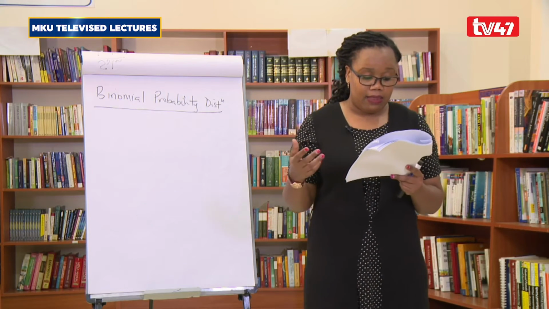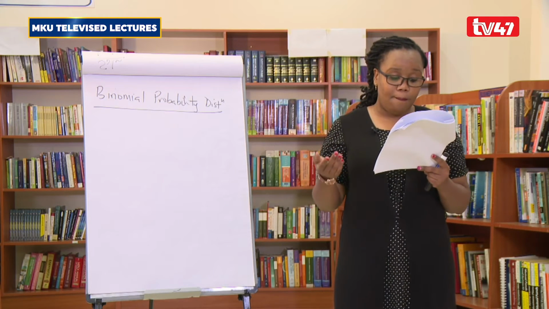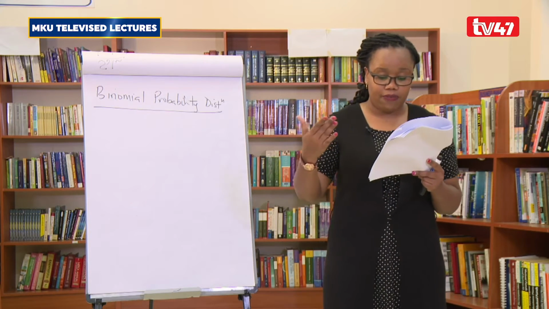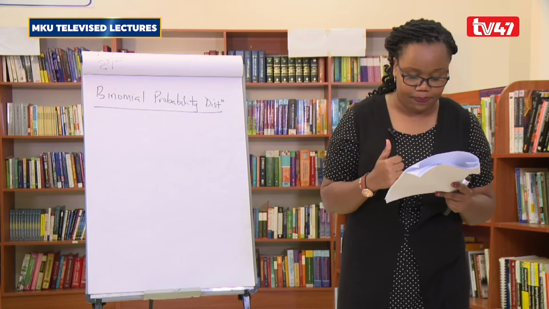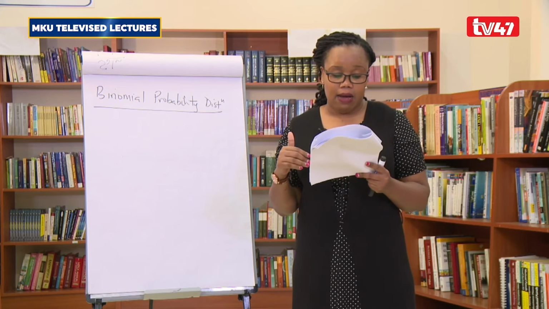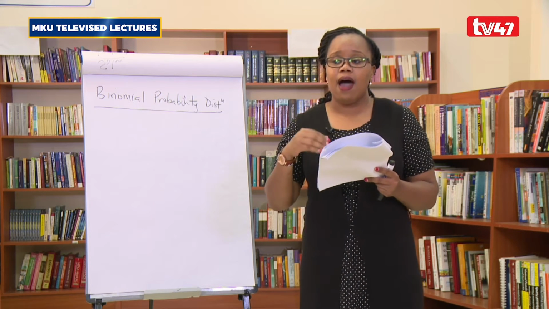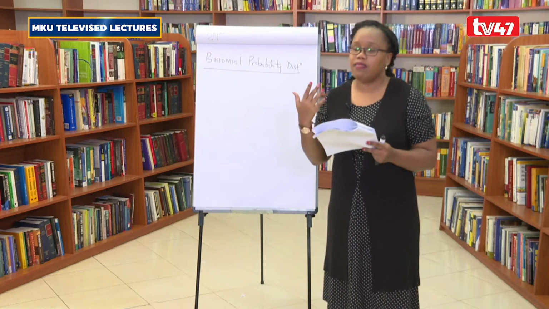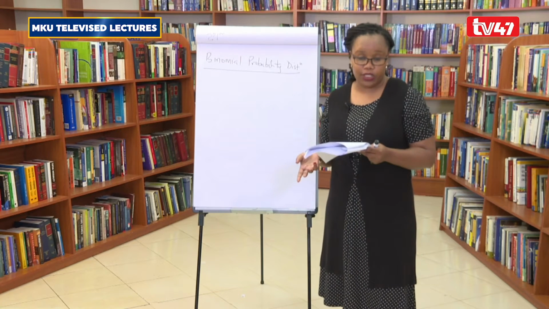Another property is that the probability of success and failure tend to approach 0.5 if the sample size increases. With those properties in mind, how do we go about determining the binomial probability? Of course, we use a computational formula.